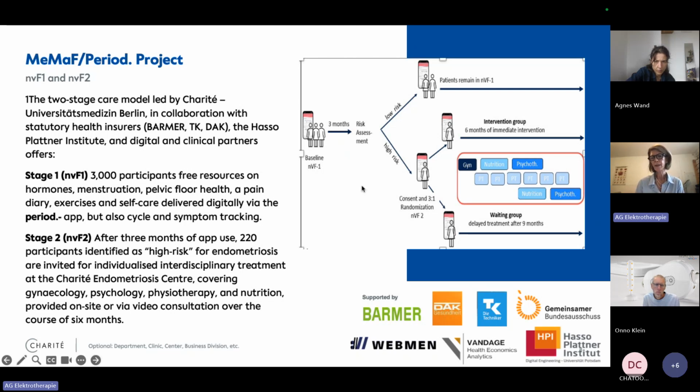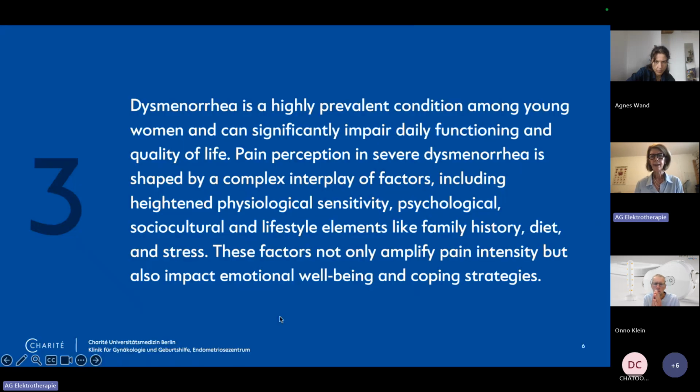Here you have this nice picture about it. Dysmenorrhea is a highly prevalent condition among young women, and it can significantly impair daily functioning and quality of life.